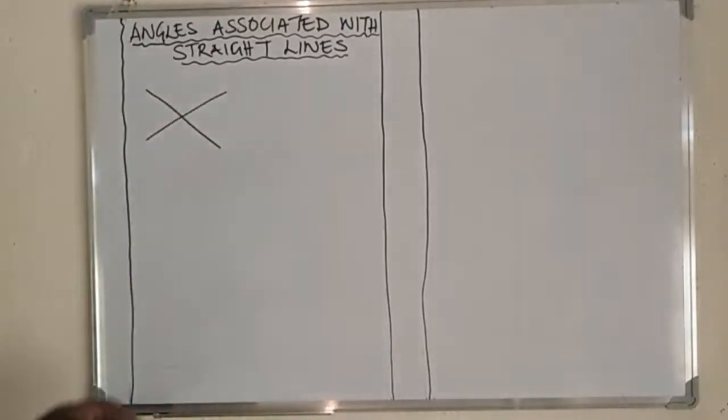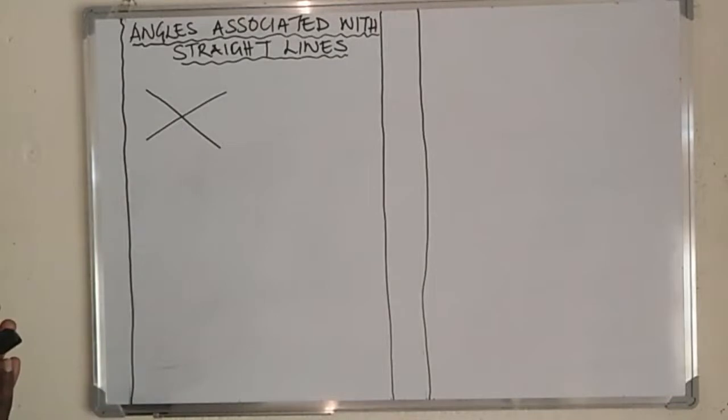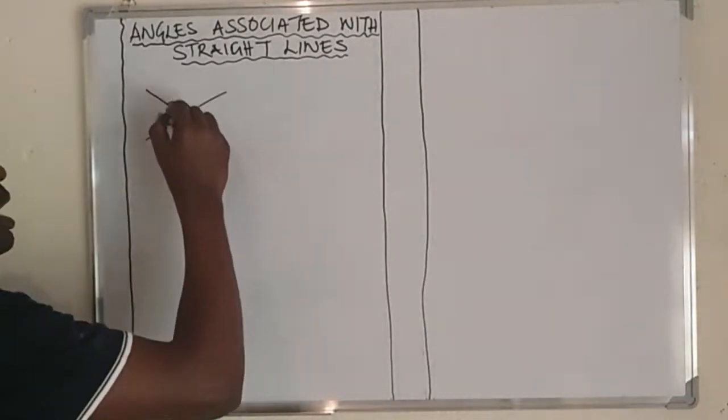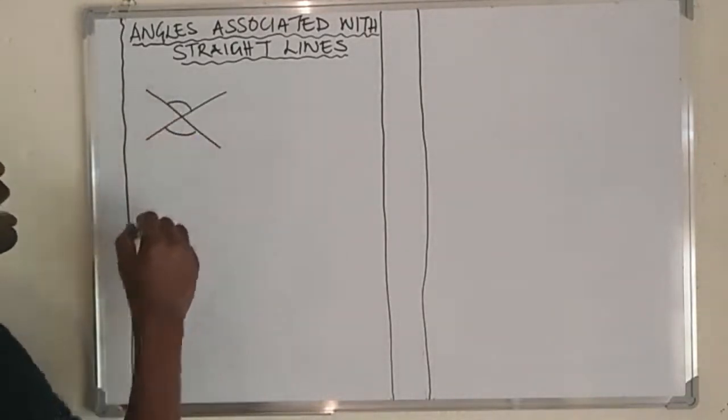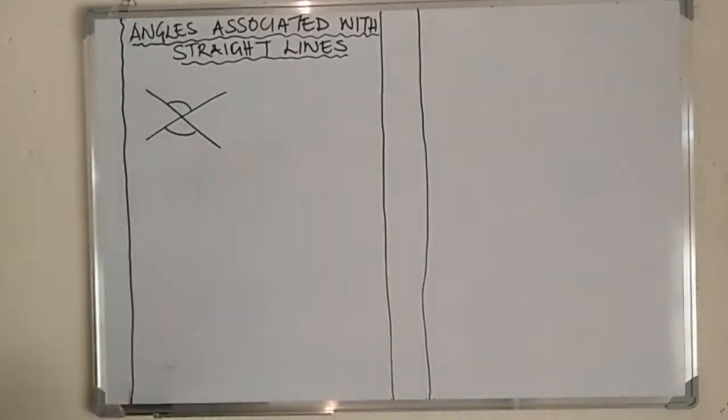Let's presume that these lines are straight. They are crossing each other at a certain degree. What it means is this angle here and this angle, they are equal to each other. This angle down and that angle, they are equal to each other.